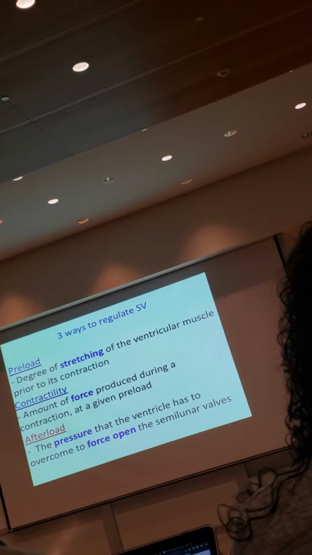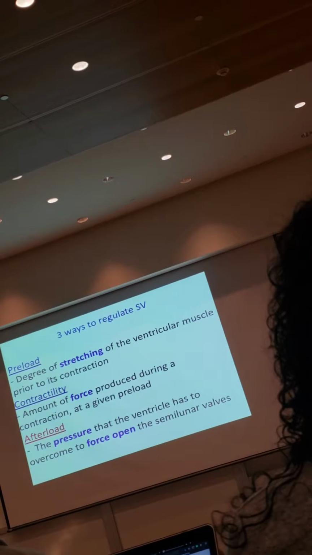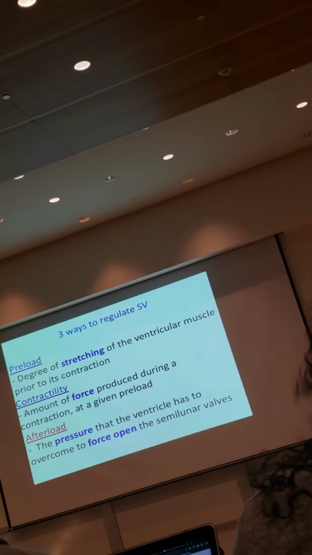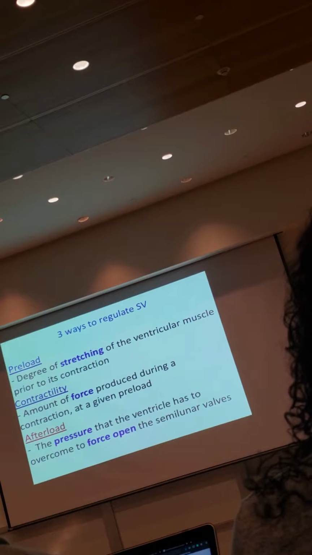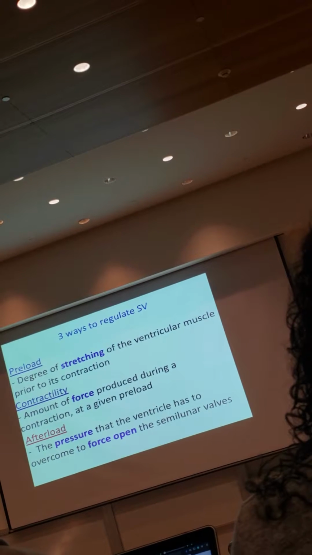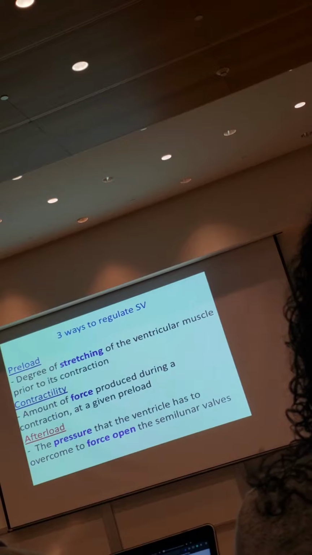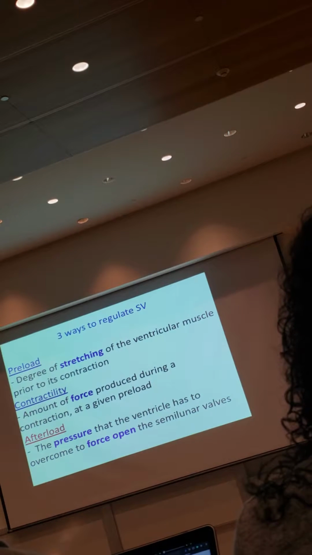So before we talk about contractility, can you think of a way? I'm going to give you a second to think together. Based on what we learned about cardiac and skeletal muscles, without looking at the next slides, you are like engineers, and the heart is a machine, so we can think about it as engineers, right?